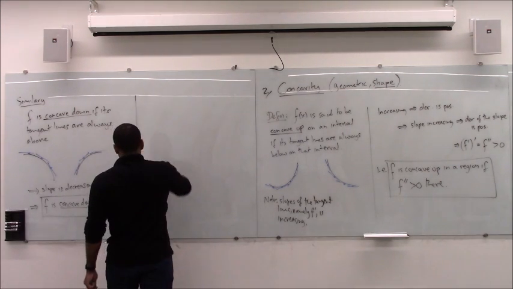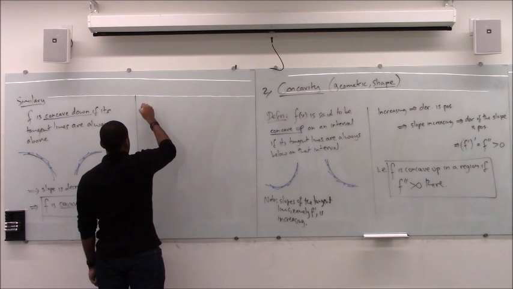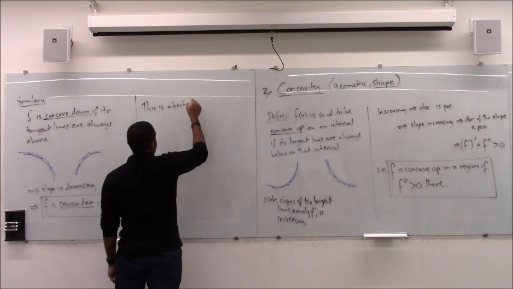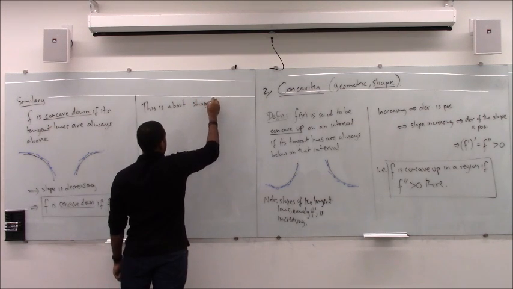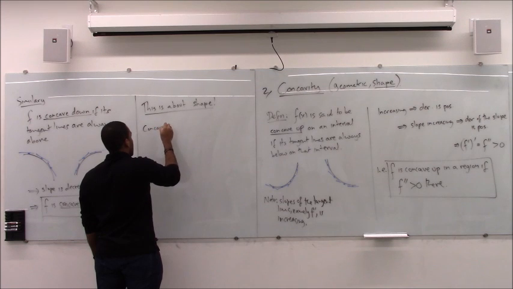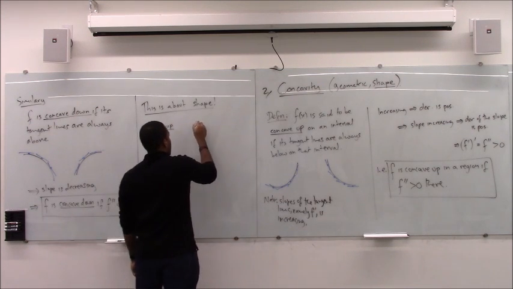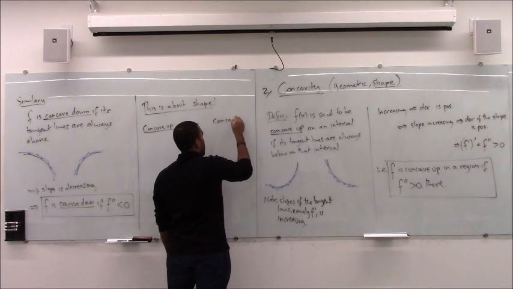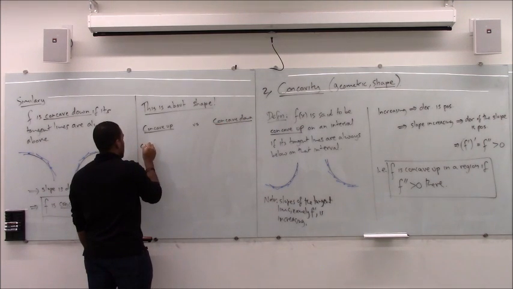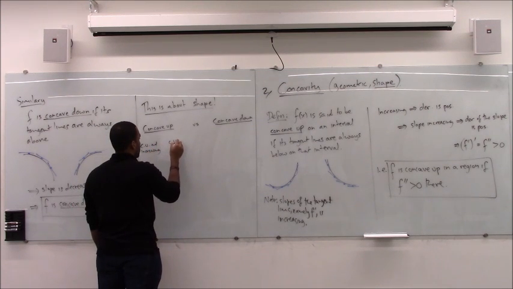Now, one thing I want you to notice is that this is about shape. It's not about increasing or decreasing. So, if you're looking at concave up versus concave down, you can be concave up and increasing. You can be concave up and decreasing, right?